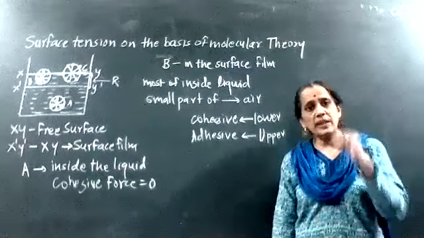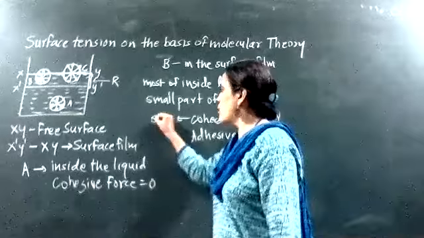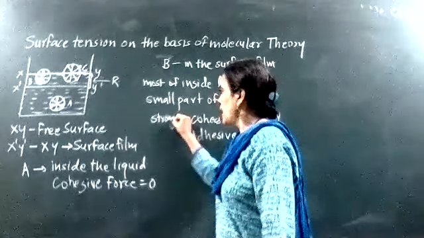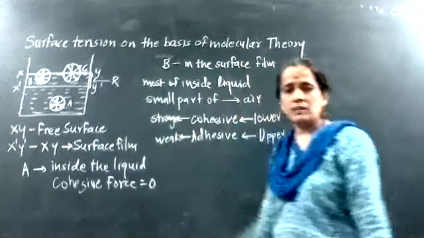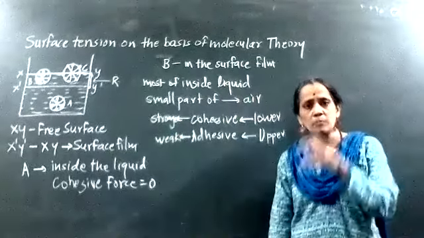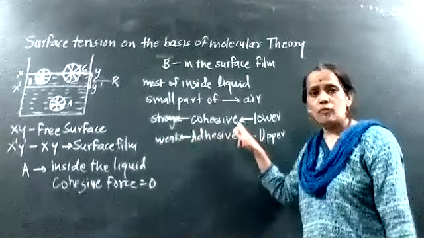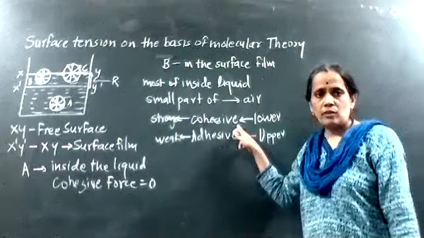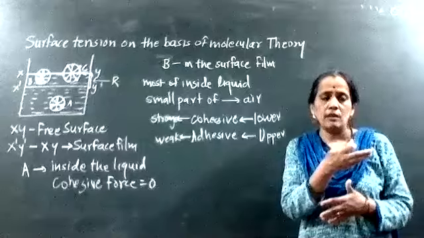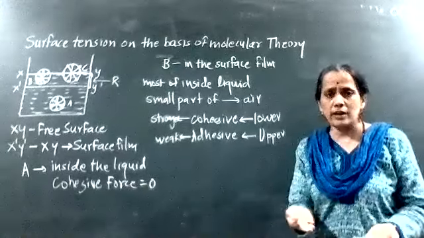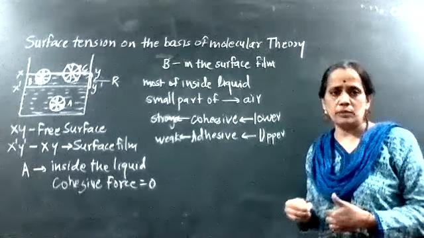Is it right? But yesterday we have seen that cohesive forces are always stronger as compared to adhesive forces. So these adhesive forces are weak. So on the B molecule, though both forces are acting, the magnitude of the cohesive force, which is acting due to the lower part of the sphere of influence, is stronger as compared to the weak adhesive force due to air.